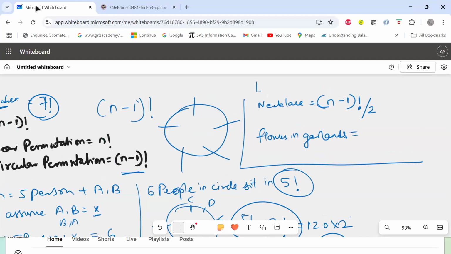Beads in a necklace would be arranged in n minus 1 factorial by 2 ways.